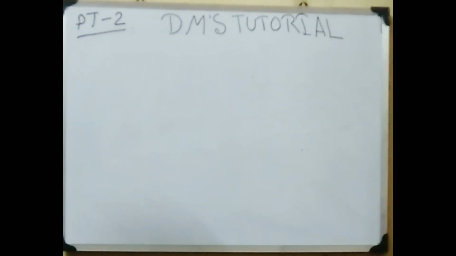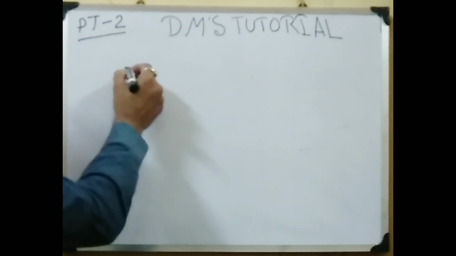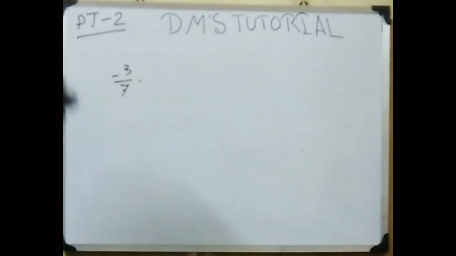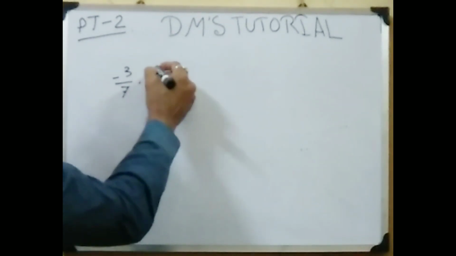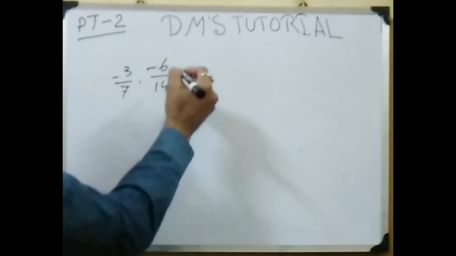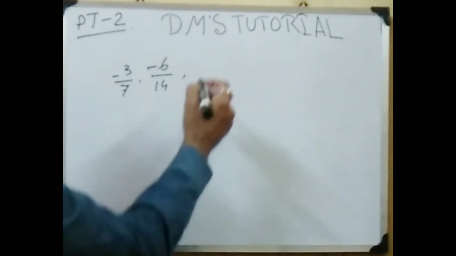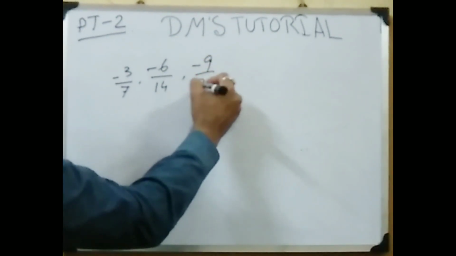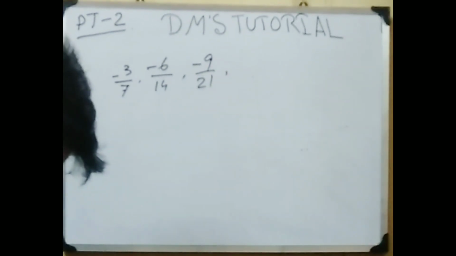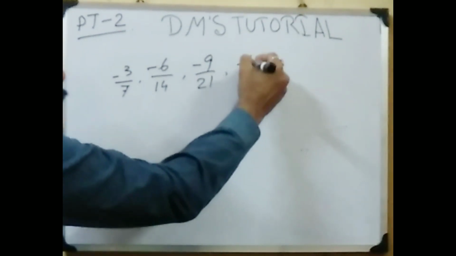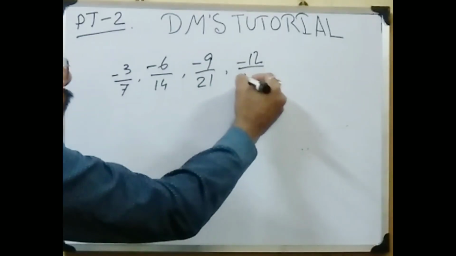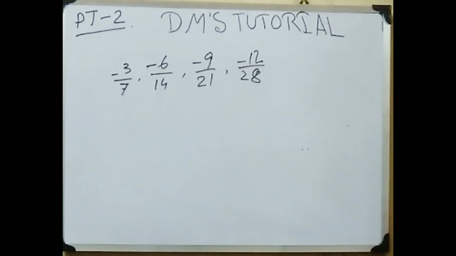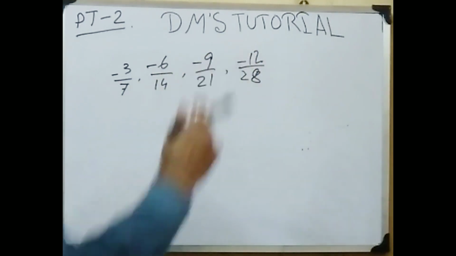Suppose there is an example: minus 3 by 7, minus 6 by 14, minus 9 by 21 and minus 12 by 28. I have to find out 4 more rational numbers in this series following the same pattern.